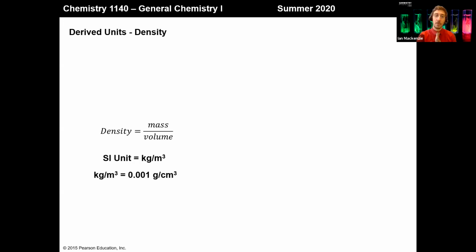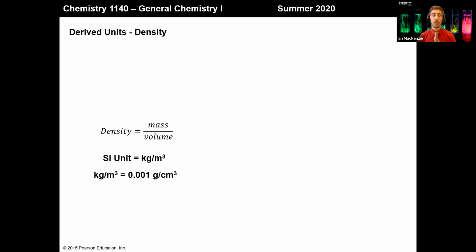So what's much more common is the gram per centimeter cubed. This is a much more common unit for density because it's much easier to measure. Centimeters cubed, remember, is a milliliter. I can easily measure a milliliter using like a graduated cylinder. And grams, I can easily measure out a gram worth of material on a scale. That's quite easy to do.